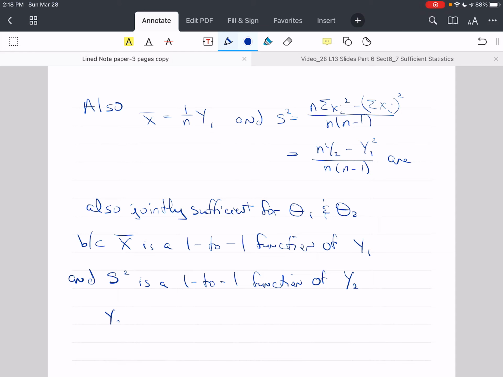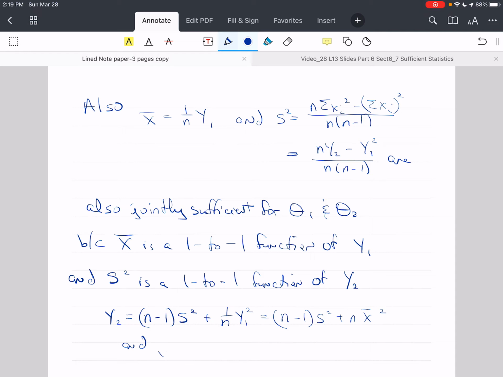So y2 equals (n minus 1)s squared plus 1 over n y1 squared, which equals (n minus 1)s squared plus n x bar squared.